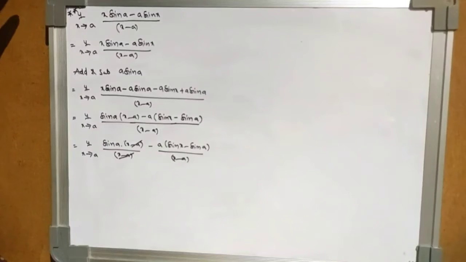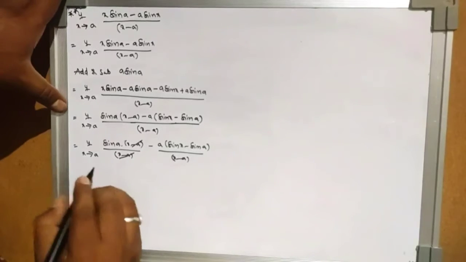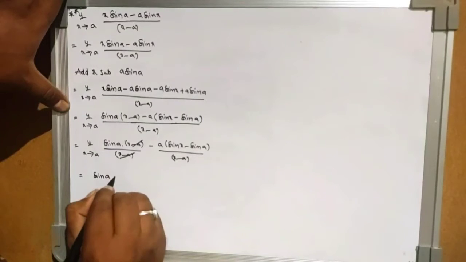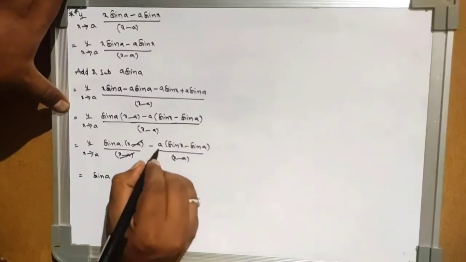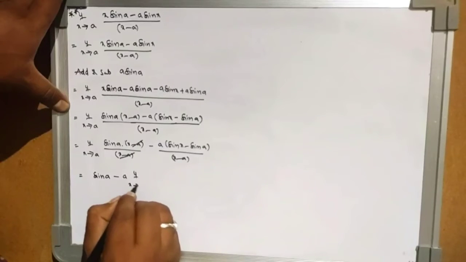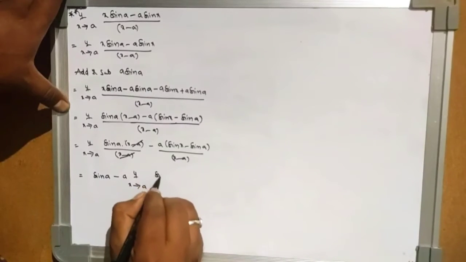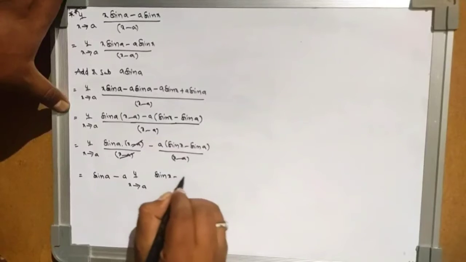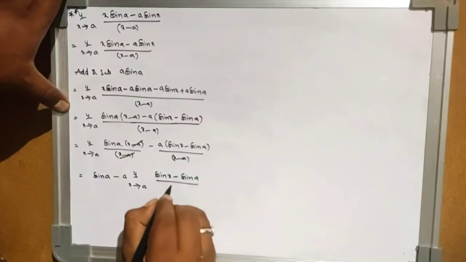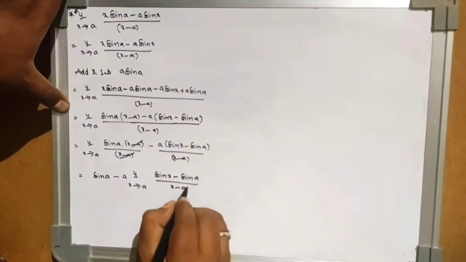Sin a is a constant, it is not a function, so we need not apply the limit to a constant. So it becomes sin a, and minus a, which is also a constant, taken outside, then limit x tending to a of (sin x minus sin a) by (x minus a).